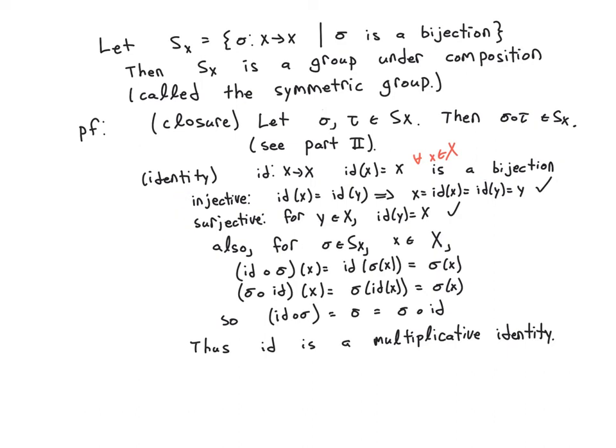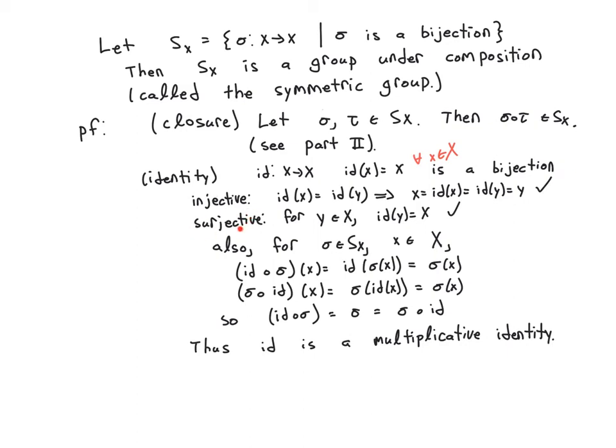So you need to check that this is in fact a bijection. It's not too hard to see that it's injective. Given two elements little x and little y, if ID of x is equal to ID of y, well, by definition, ID of x is x, ID of y is y, and so behold, x is equal to y. So if f of x is equal to f of y, then x is equal to y. That's the definition of injective.